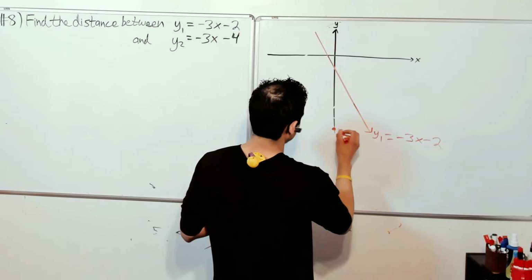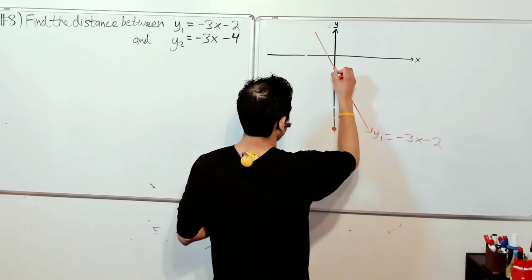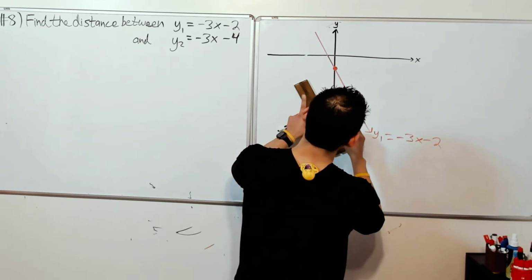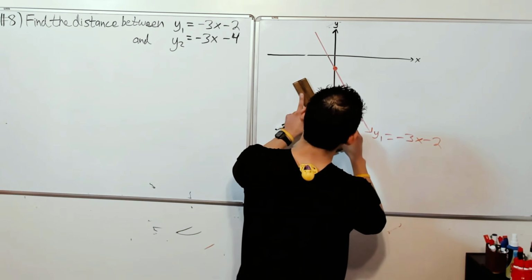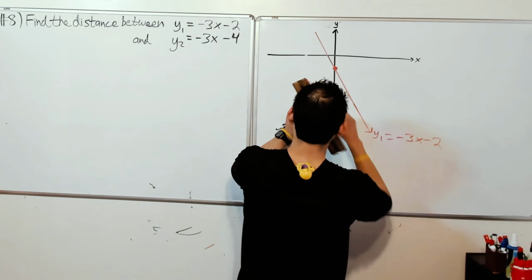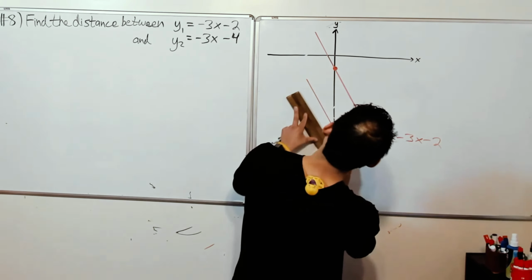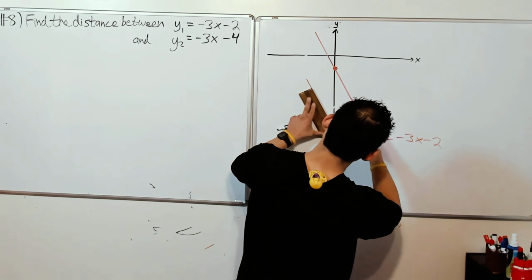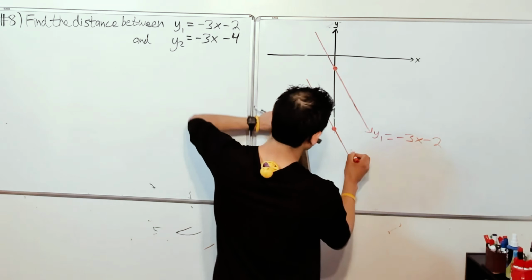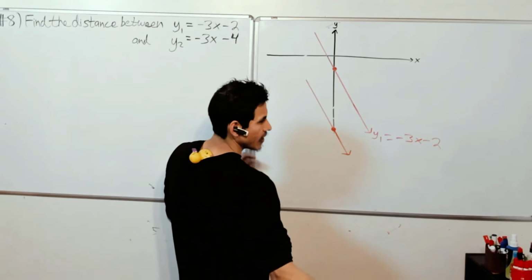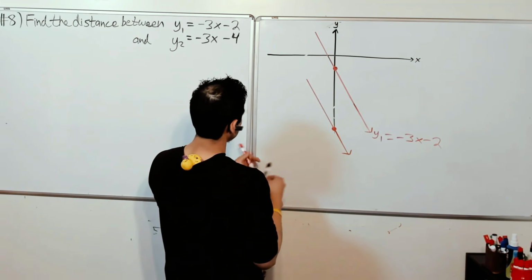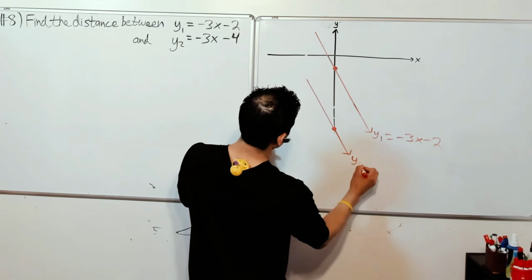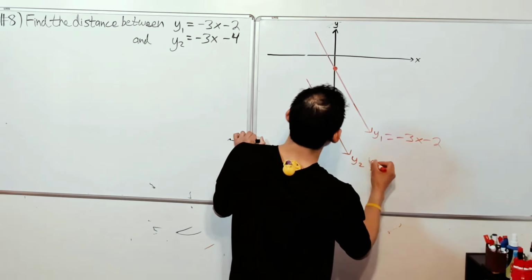Put a point over here for the other line. Just give yourself some more space to work. I think that'll be all right. And writing that this is going to be y2 with the equation -3x minus 4.